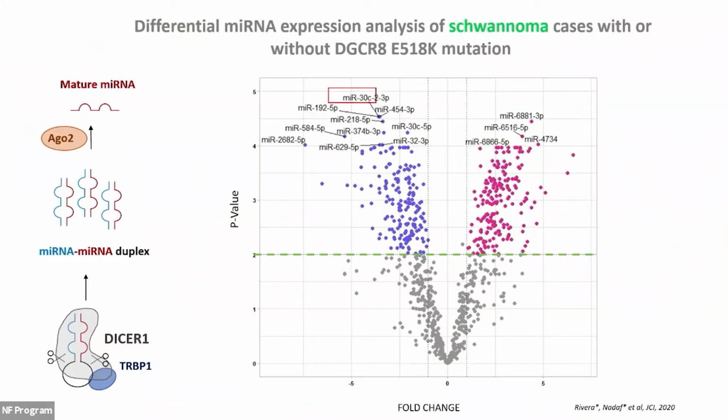And in pink, all the dots represent microRNAs that are overrepresented, these are relative values, in mutated DGCR8 schwannomas compared to the wild-type ones. And the ones that are underrepresented in blue are the ones that we are looking for, because those will be the ones that are not being processed. And I'm highlighting MIR30 here, one of the top ones in significance, for you to keep track of.